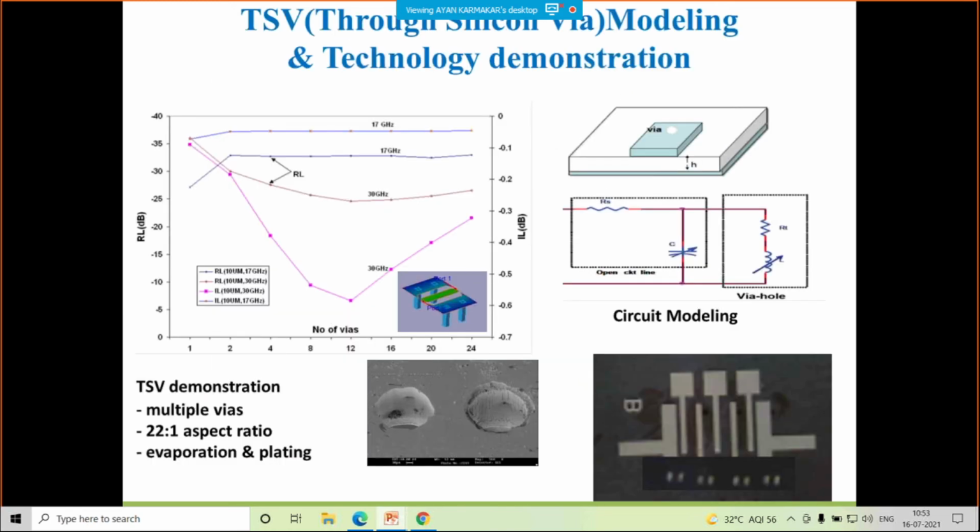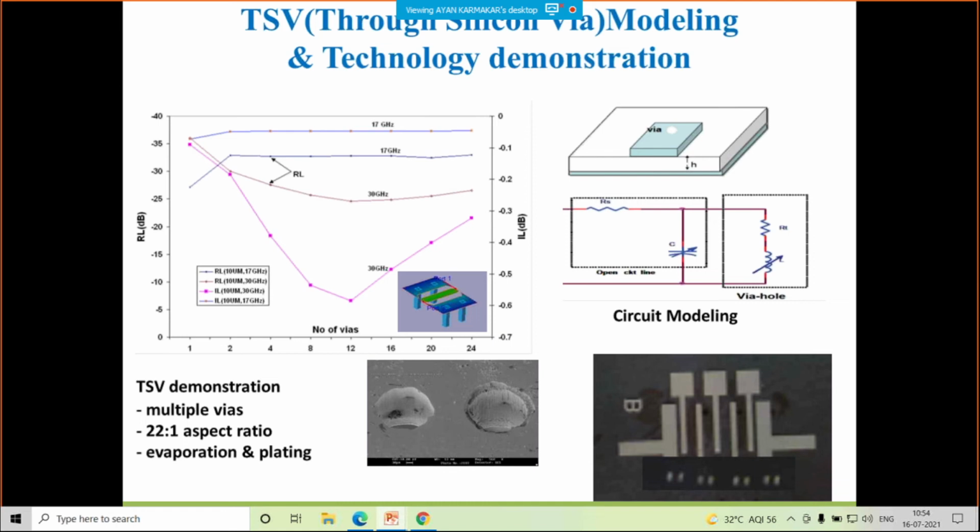And now coming to this technology, whenever you are demonstrating any technology or you are going to model it, you have to think about some packaging techniques and the shorting between layers also. That is known as the TSV, through silicon via. This is similar to a PTH, plated through hole, which is used extensively in PCB technology.